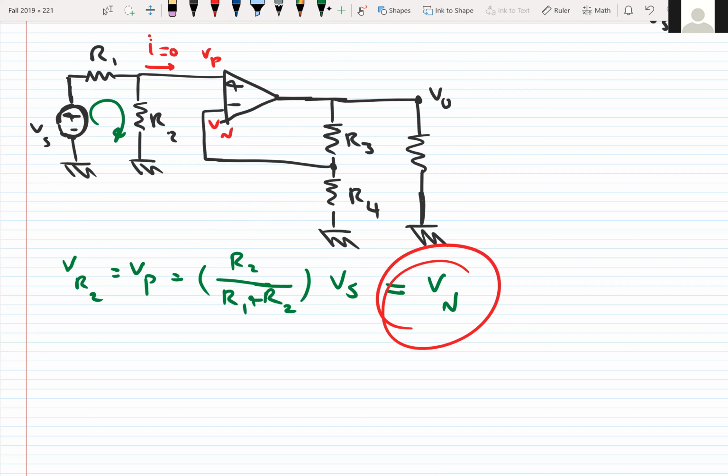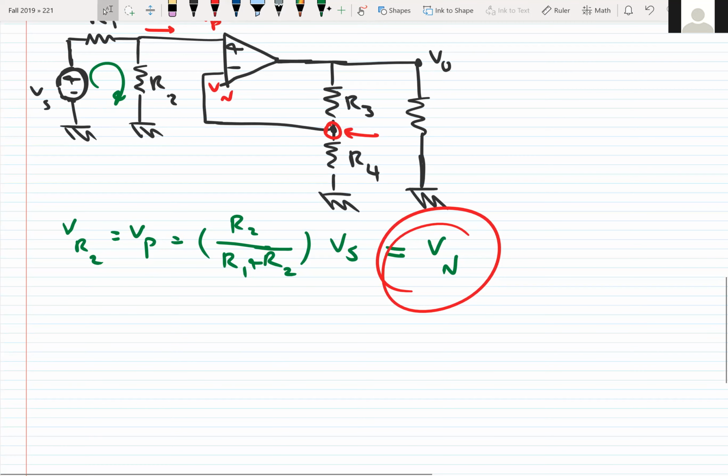If we look, this node is connected to the input, which is Vn, and to the output, which is Vo, through some resistors. So this node is very important for us, and we need to write KCL for this node. We write the node equation for that specific node.